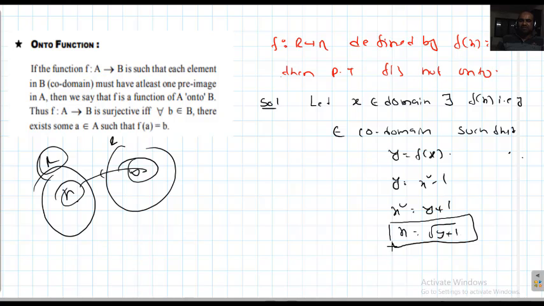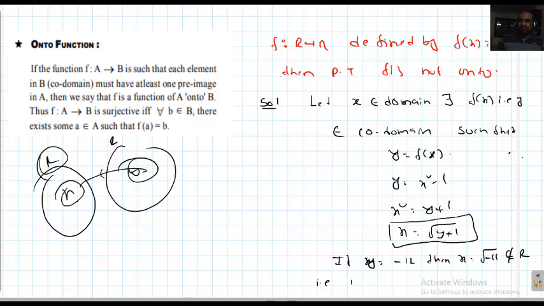Understood? If y is equal to something, say minus 12, then x equals root over minus 11, which is not a real number.